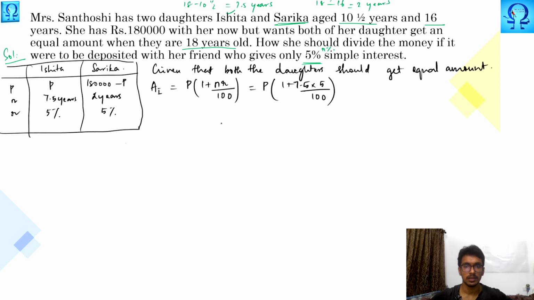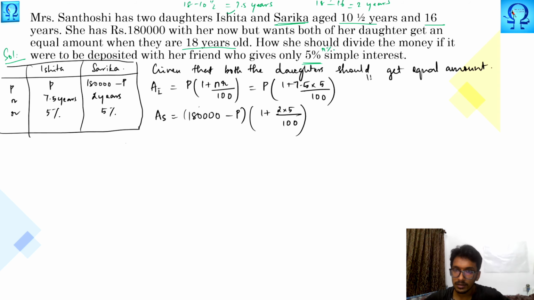And for Sarika, it is not P, it is 1,80,000 minus P, times (1 plus 2 times 5 upon 100). From the given information, the amount received in the name of Ishita and in the name of Sarika is the same.